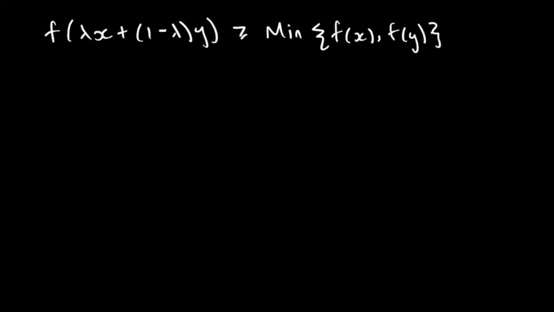Very similar to the quasi-convex condition, except it's almost like the complete opposite. It's now a minimum instead of a maximum, and instead of that condition being on this side of the inequality, it's on the other side, and we've swapped it around. And the reason for this is very easy to picture.